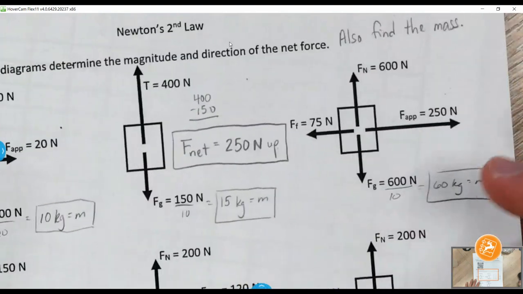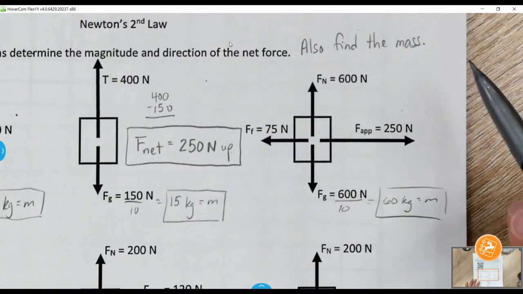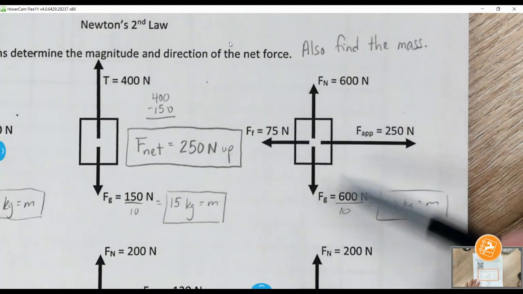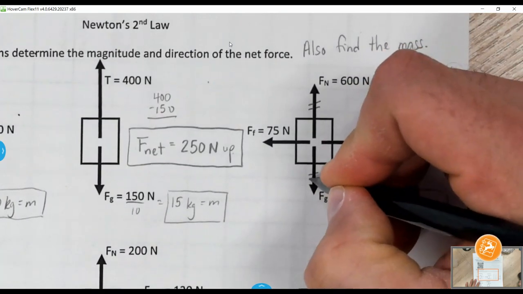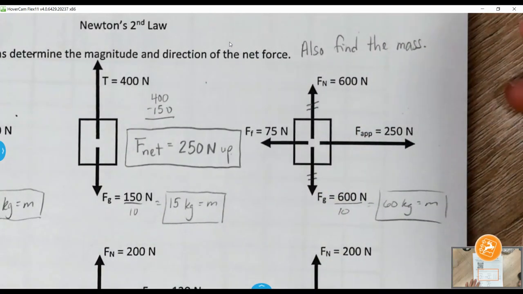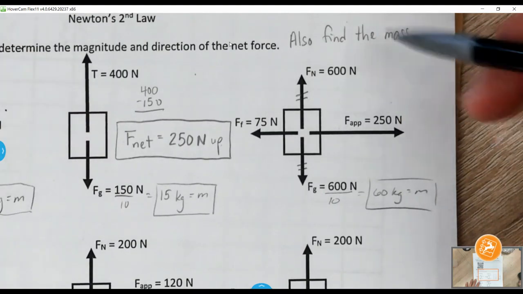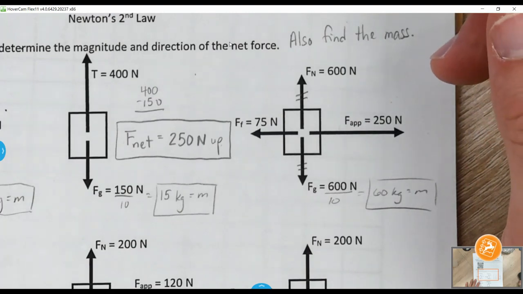All right. What's good with this next one here? Guys, look at the top and bottom. Are they good? 600 up, 600 down, equal sign. Cool. They're not going to affect our net force answer here. So now we got 250 to the what direction? And how much going to the left?